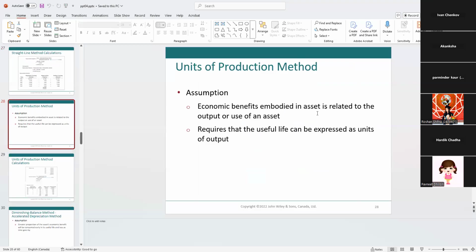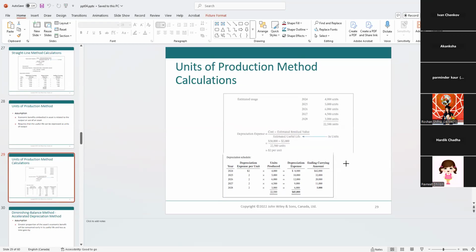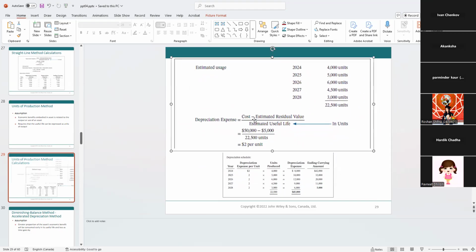Units of production. First, we're going to calculate how much depreciation we have to apply for every unit that we're producing. In order to do that, again, we have to get the cost first.